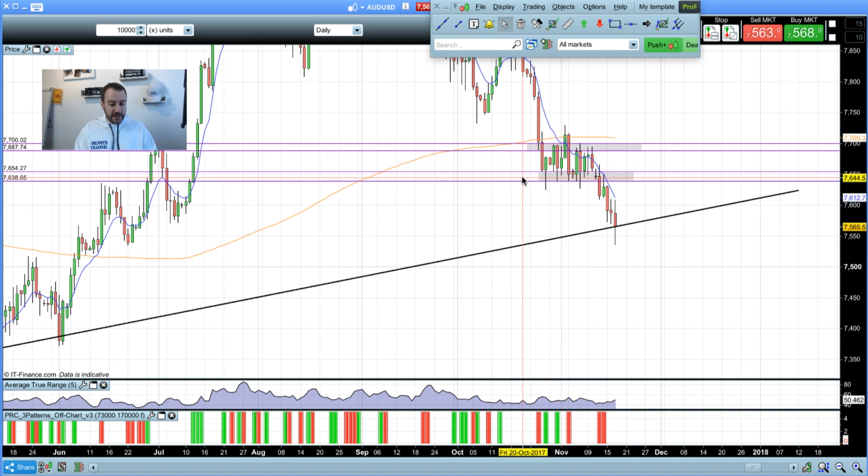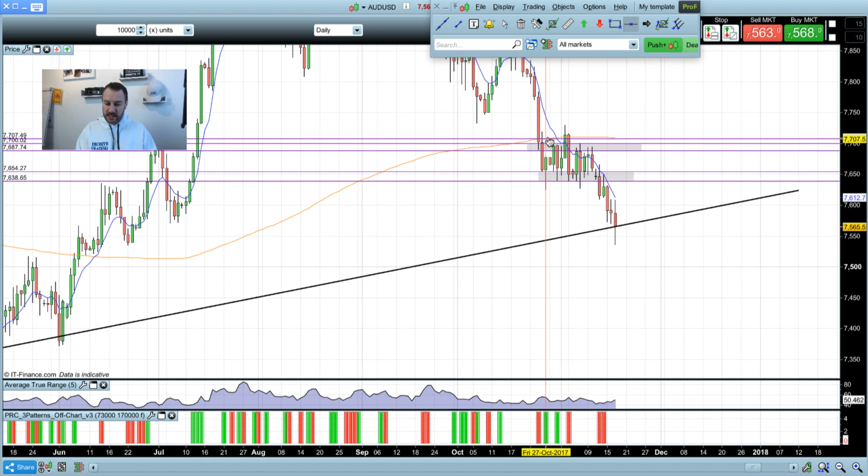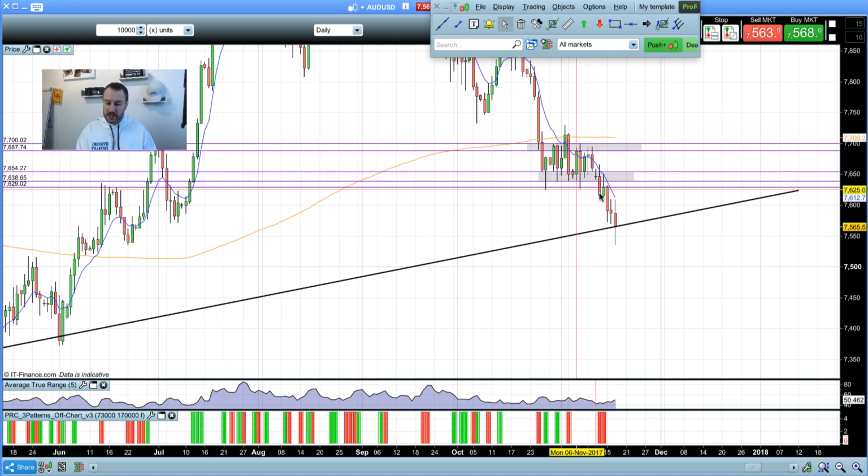This area at 7,640 to 7,655 remains key resistance now. You can actually bring it a little bit down towards 7,630, which is where we closed on Tuesday, right here. So if we see the market pressing back up, it's a good area of potential resistance.